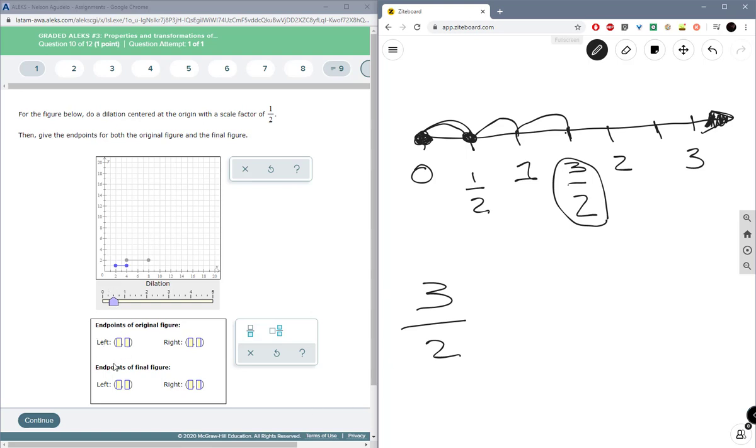Sometimes it doesn't say left and right. Sometimes it says top and bottom. The top is the upper part, la parte de arriba, the point that is higher, and the bottom is the part that is below, down.